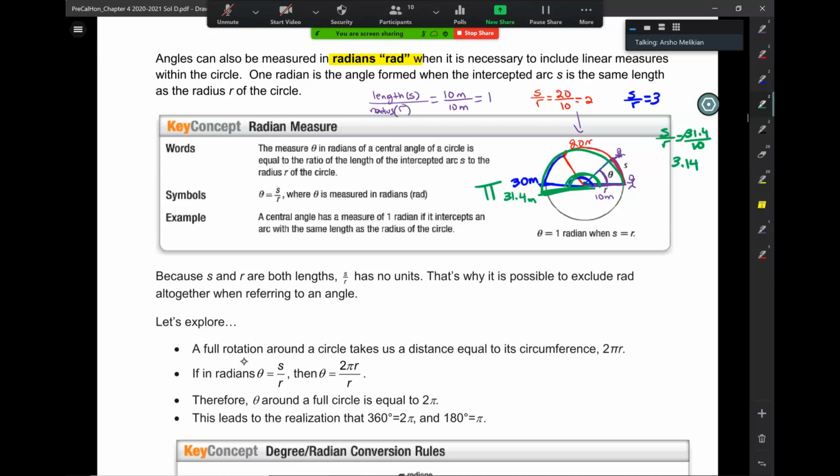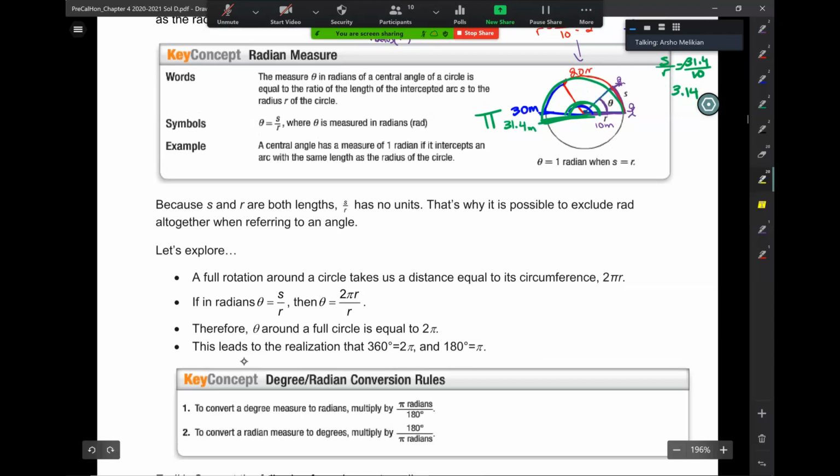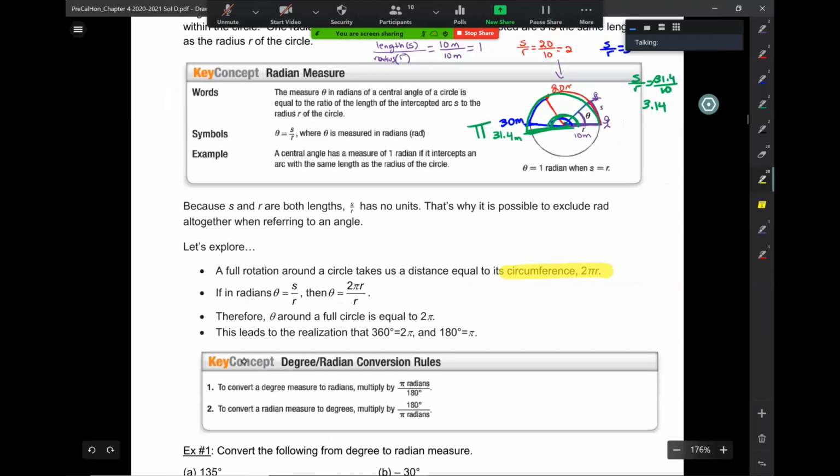So now we know where that comes from, okay? All right. So now, going over here, a full rotation around a circle has a circumference of 2 pi r, right? So what does that mean?